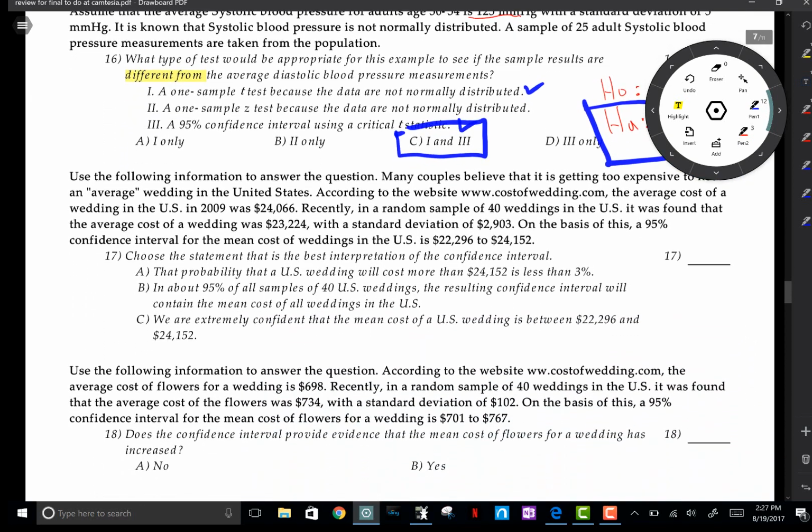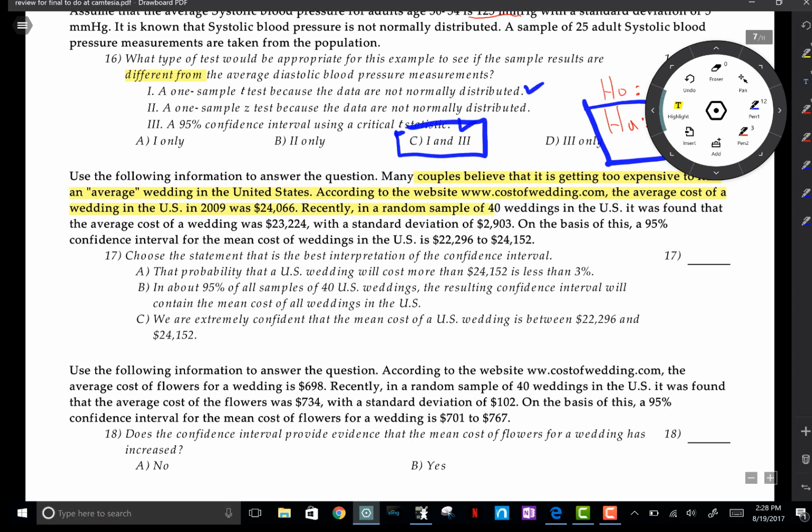Alright, so let's move on to 17. Number 17 is doing the interpretation of a confidence interval. Use the following information. Many couples believe that it's getting too expensive to have an average wedding in the United States. According to the website costofwedding.com, the average cost of a wedding in the U.S. in 2009 was $24,066.